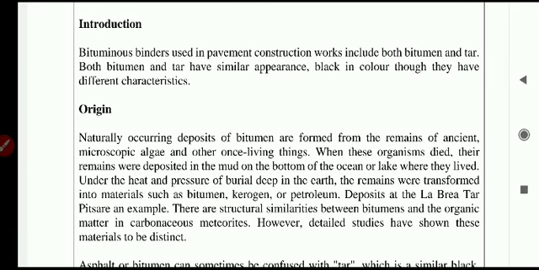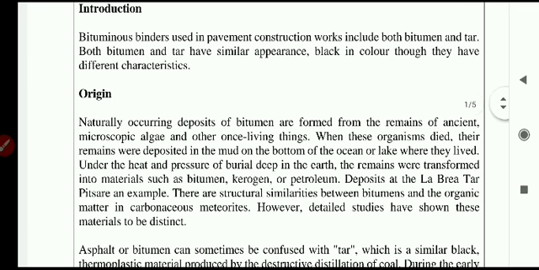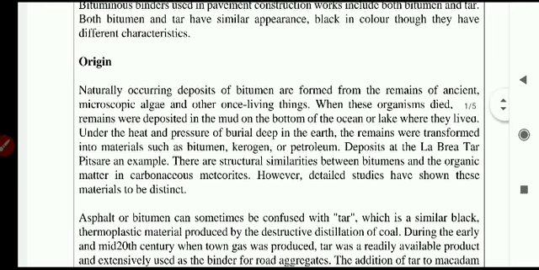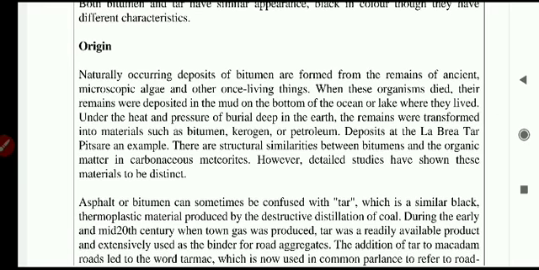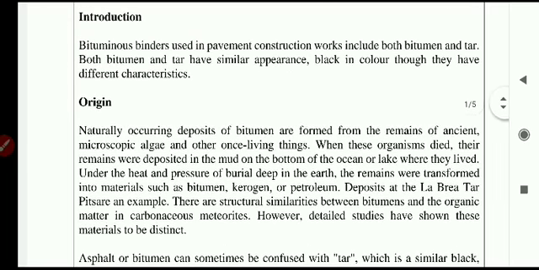After extracting from the well, it is stored in the field storage, then transferred to the pumping station. You can refer to the Khanna and Justo and Veeraraghavan Highway Engineering book.